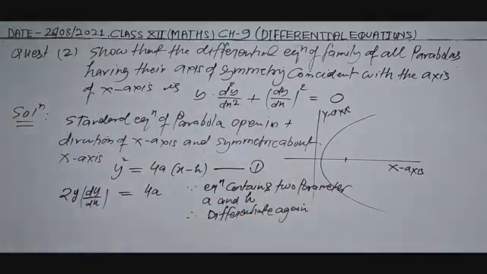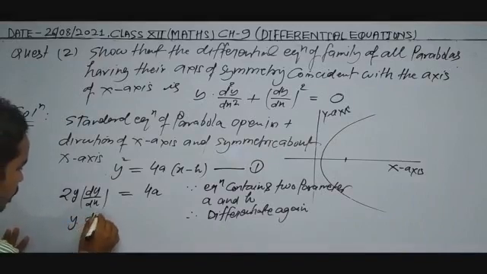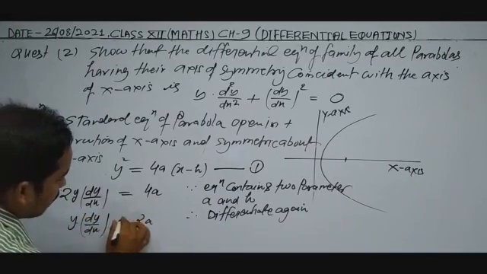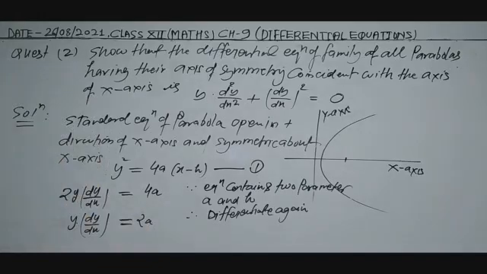Differentiate again. Now the result will be 2, and the 2 is cancelled, so y times dy by dx is equal to 2 times a. Now this equation we have to differentiate again.